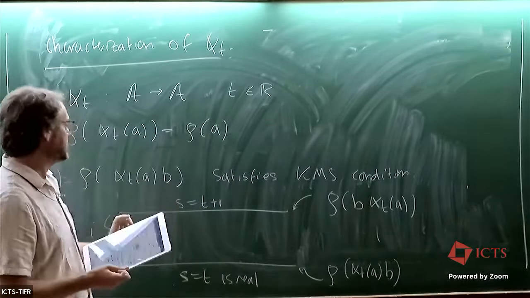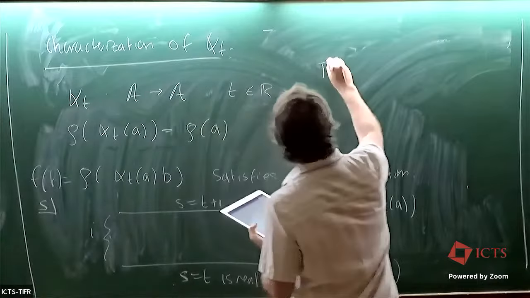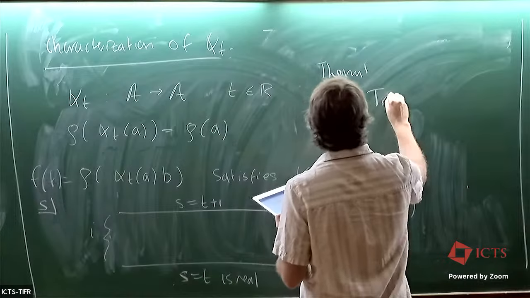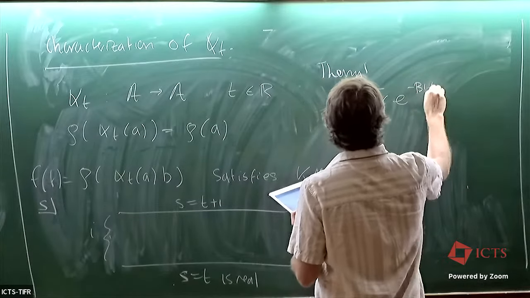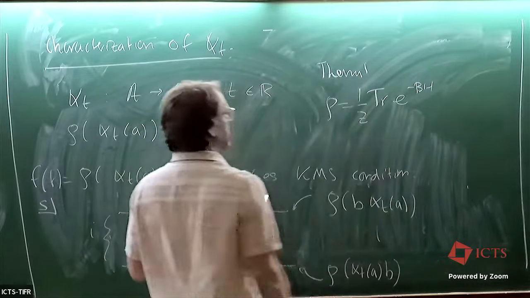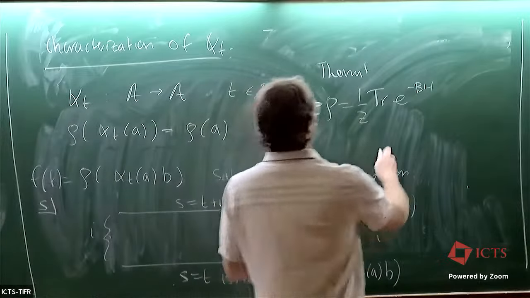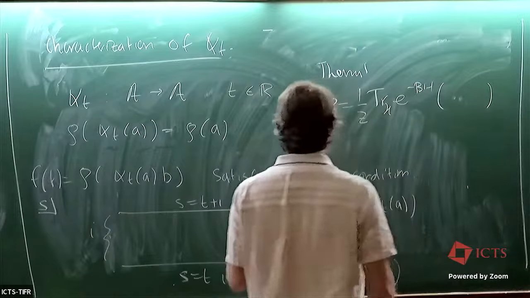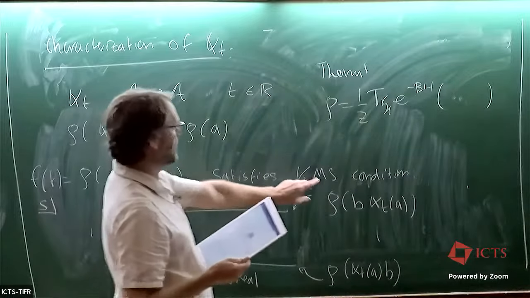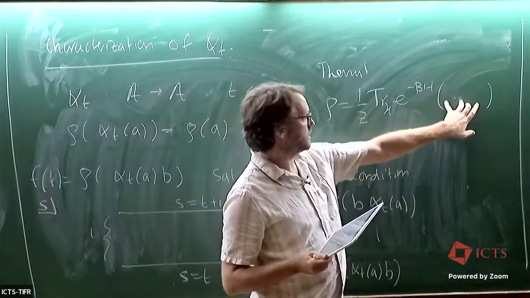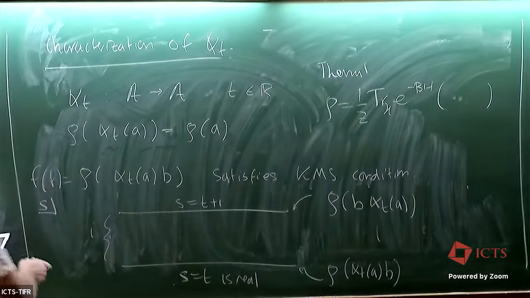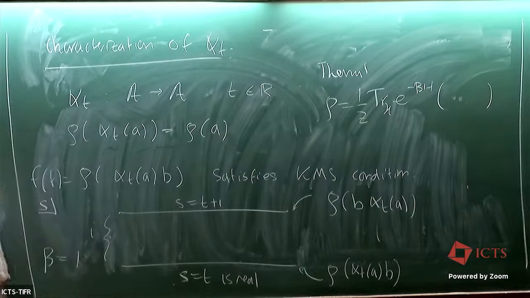In the thermal case, the state is trace e to the minus beta H up to some normalization. Let's say we're in a type 1 setting, and then we put our operators here and time evolve them, and you get the same analytic function. Of course, we have to set beta to 1 to get that to work.